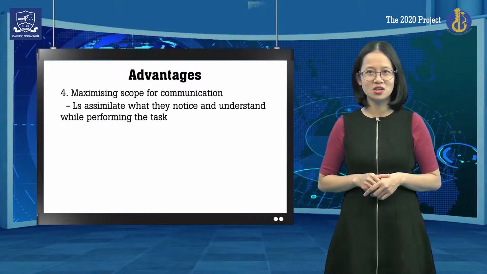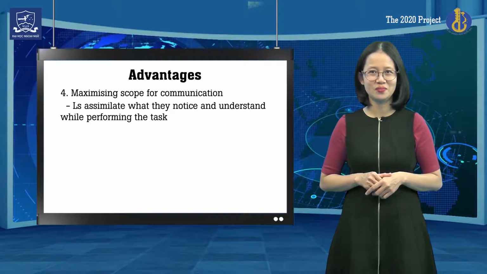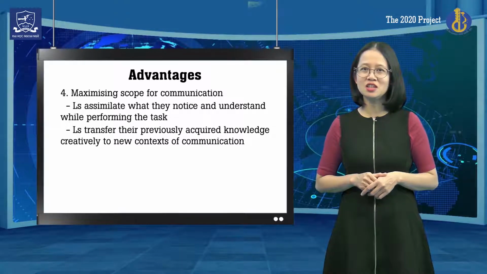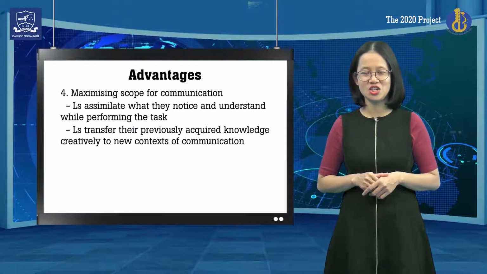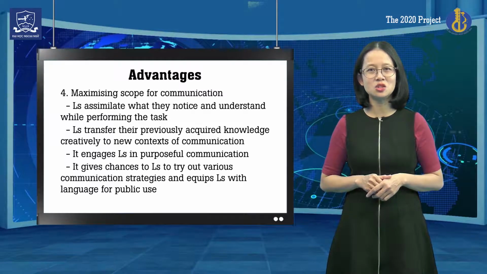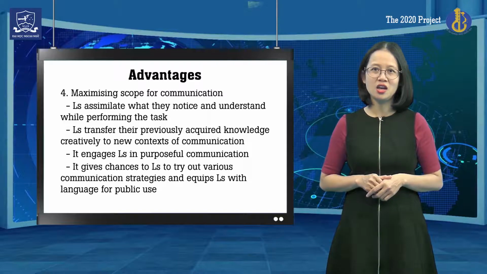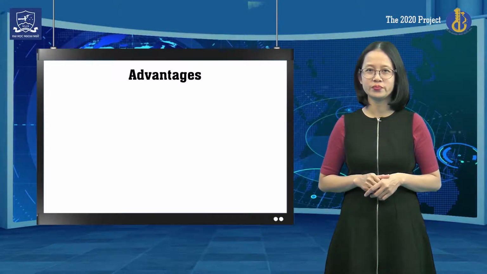Tasks allow learners to acquire and assimilate language items that they readily notice and understand. It allows the learners to transfer their previously acquired knowledge creatively to new contexts of communication. It engages learners in purposeful communication and gives chances to learners to try out various communication strategies and equips the learners with language for public use.